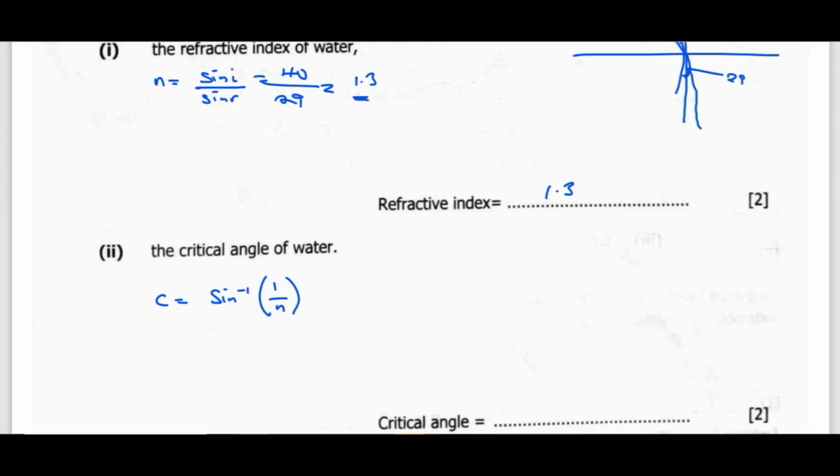So sine inverse of 1 over the refractive index that we calculated, which is 1.3. When we use the calculator, it gives us 50 degrees. So 50 degrees is the critical angle.